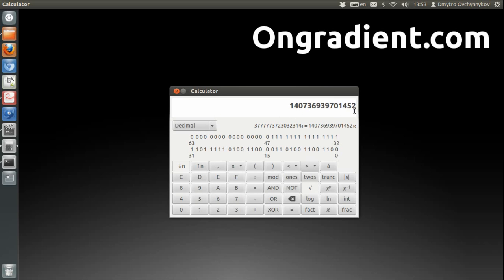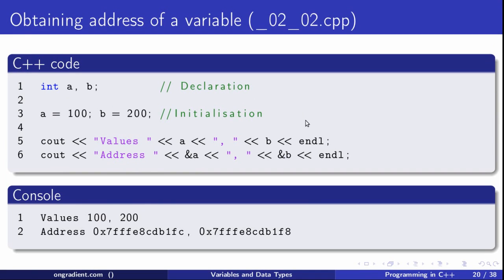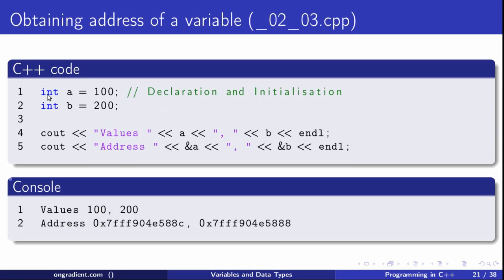The second example demonstrates the possibility of declaration of several variables of the same type in one line of code. It is also possible in a single line of code to declare a variable and assign it some value, or initialize a variable. Pay attention to the first example.